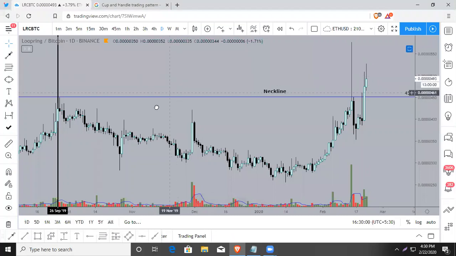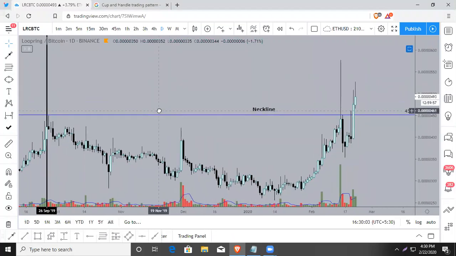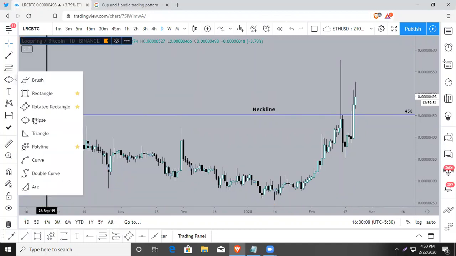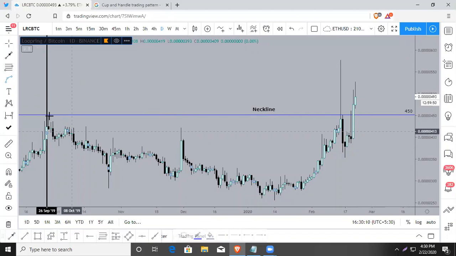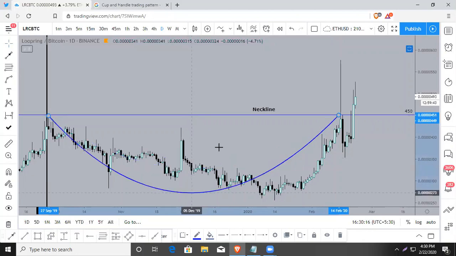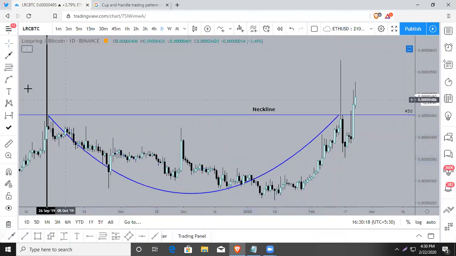Okay. So I'm just removing the volume. I'm just showing the pattern over here. So we have a curve for the cup, right? And we have a handle here.